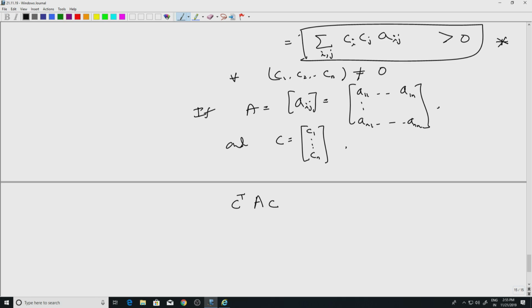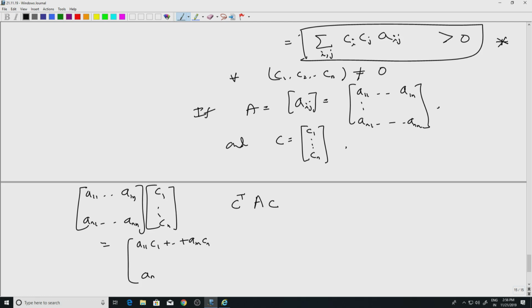When I do A times c, let's just check it. A times c is the column vector given by a11 c1 plus ... plus a1n cn, up to an1 c1 plus ... plus ann cn.